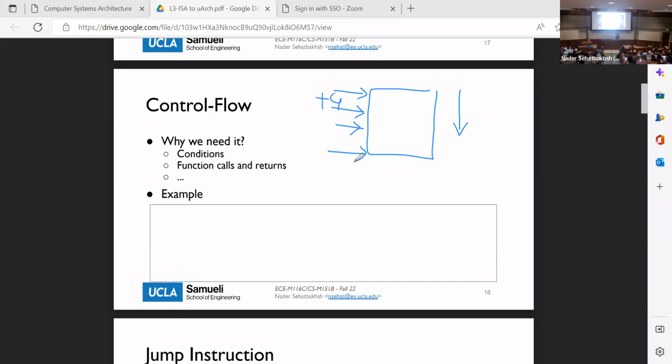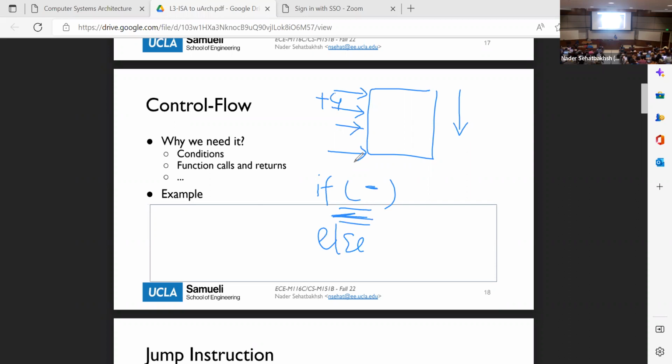But unfortunately, we have conditions, function calls, returns, and all these things. And what this does to our instructions is that it creates nonlinearity. Think about something like if-then-else. It says, check this condition here. If it's true, then run this series of instructions.